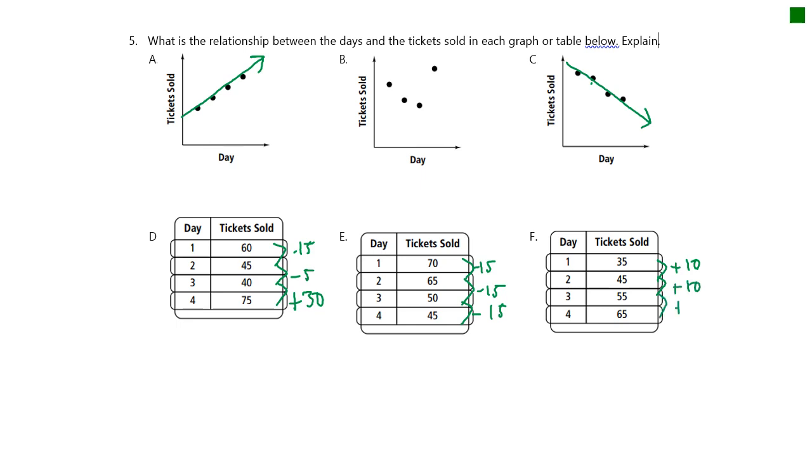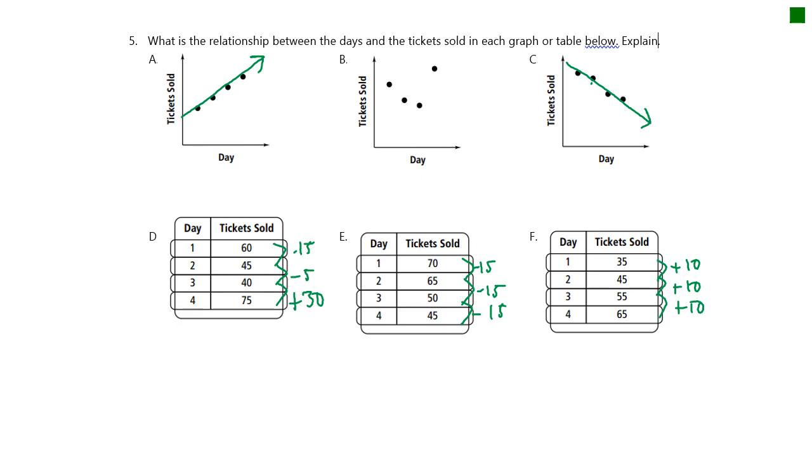From 55 to 65, we're adding 10. All right. Did I mess up on one? No. So then, all you have to do is match the graphs.